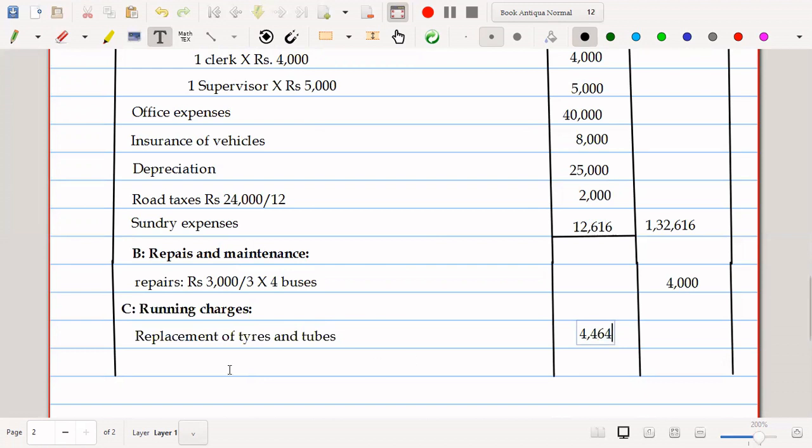And next, one more we have here, diesel cost. We have calculated it. Diesel cost was 2,23,200. So let's take the total of these two. It comes to 2,27,664.